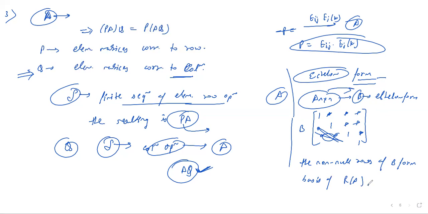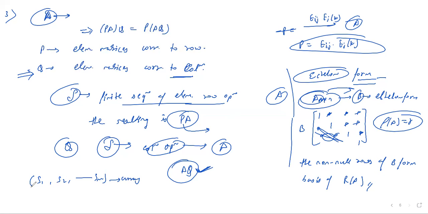Let's consider that the rank of this matrix A is equal to r, and the corresponding rows of this matrix are S1, S2 to Sm, because A is m cross n and has m rows.